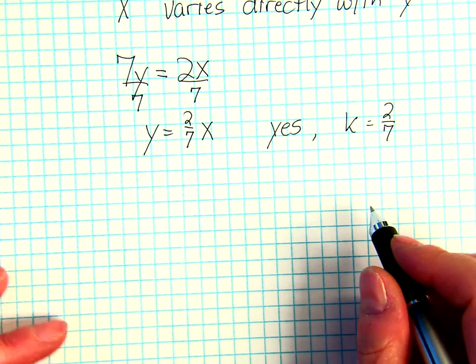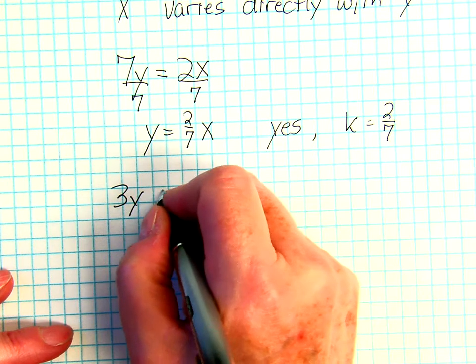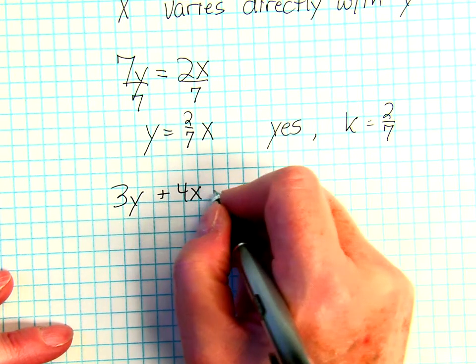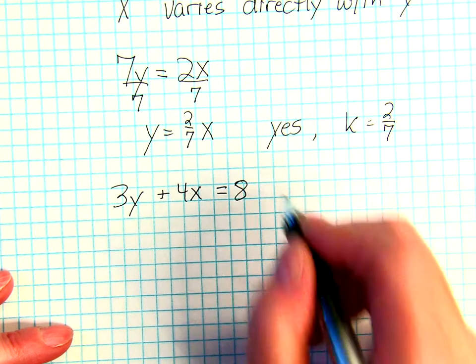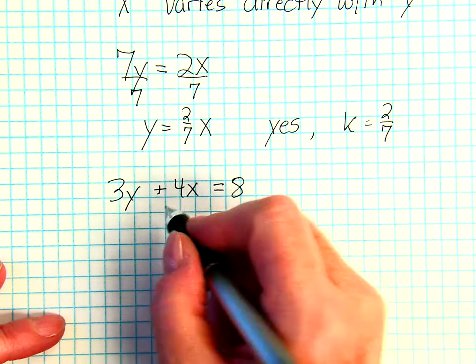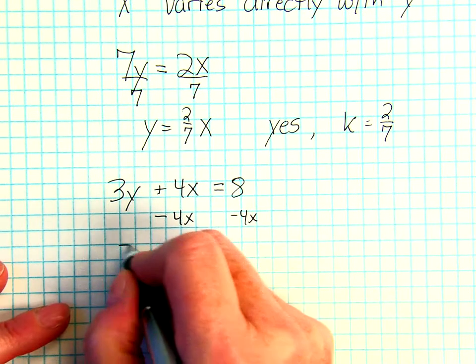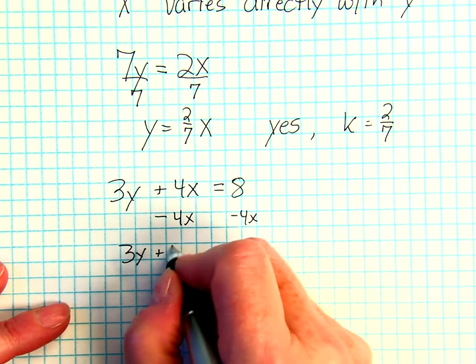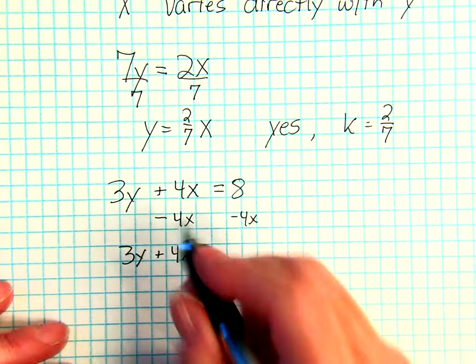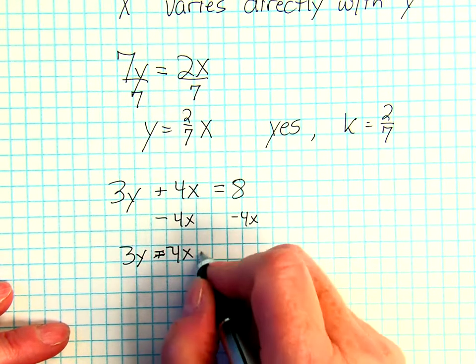Let's look at 3y plus 4x equals 8. Once again we've got to get the y alone, so I move the 4x: 3y is equal to negative 4x plus 8.